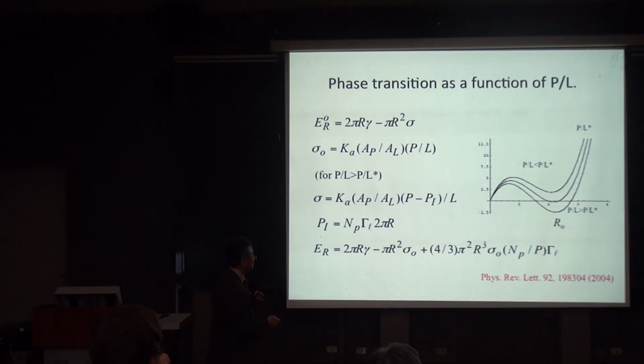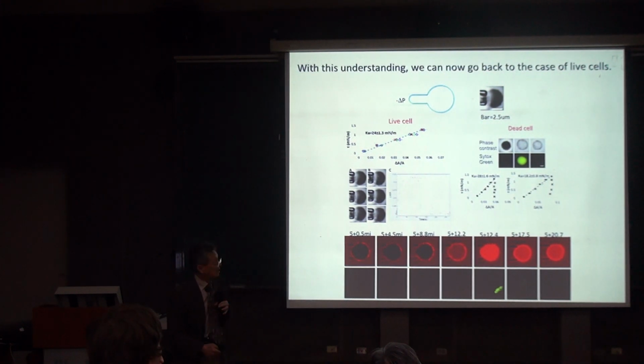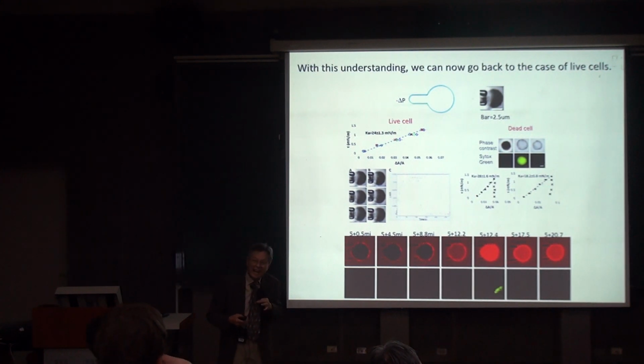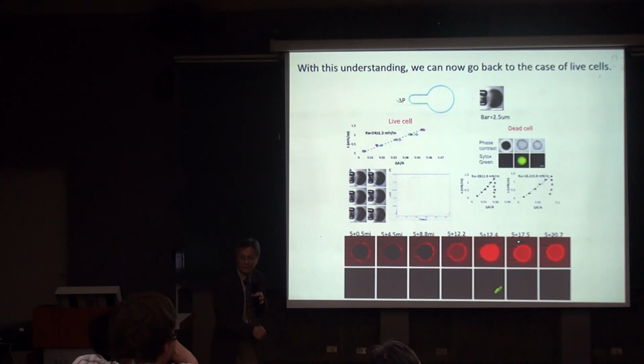So with this understanding, we can now go back to the real cell. The reason that a real cell is very difficult to study is because they are alive. And there are a lot of reactions, because they are alive, to what happens on the membrane. So we have to do a lot of experiments. And it will take another hour to explain why it works that way, which I'm not going to do, of course.